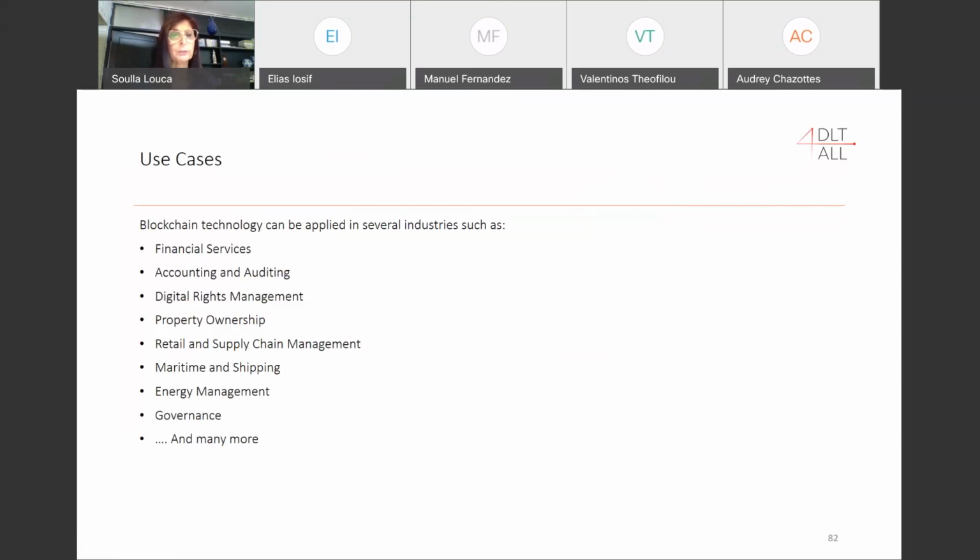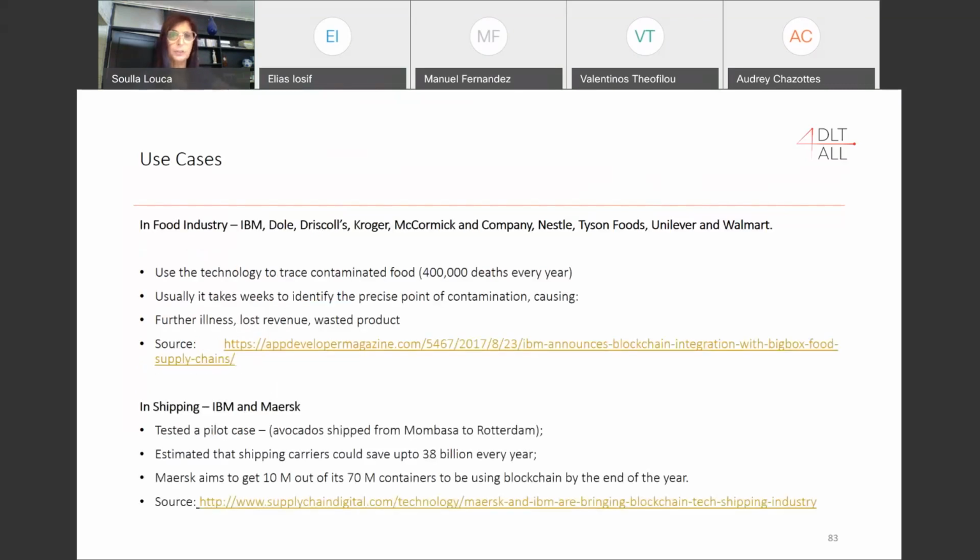As we have already mentioned, blockchain technologies can be applied in a wide range of industries, from financial services to accounting and auditing, to digital rights management, property ownership, issuing certificates and verifying their authentication, maritime and shipping logistics, energy management, government, and many more applications. I will mention a couple here, and they have actually been implemented.